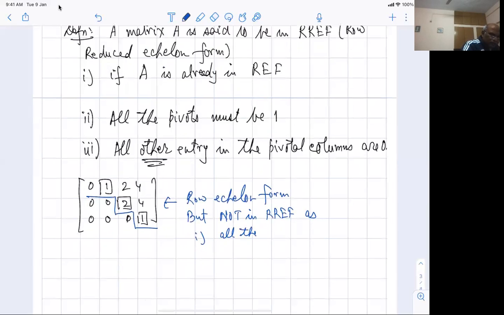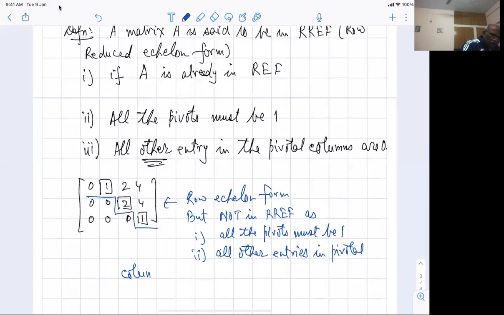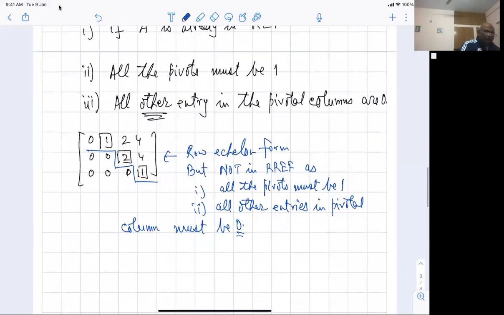All the pivots must be 1, and second, all other entries in a pivotal column must be 0. So this is not in RREF.